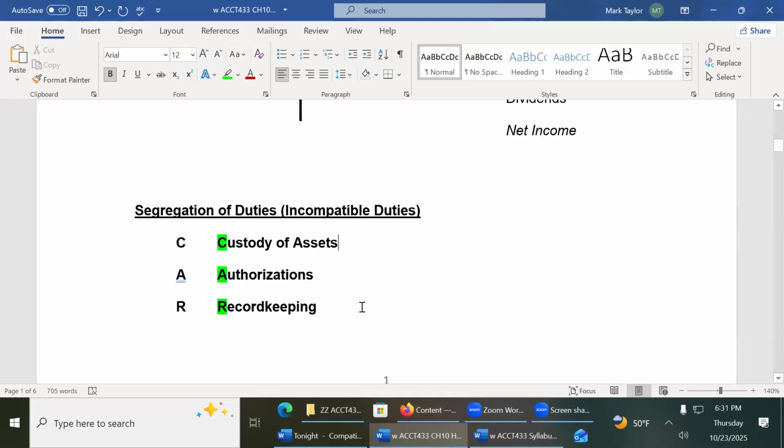Okay. So where are we at with these? Record keeping. This is where you see accounting people often. We do a lot of record keeping. We're probably the biggest record keepers in the whole organization, although we're not the only ones.